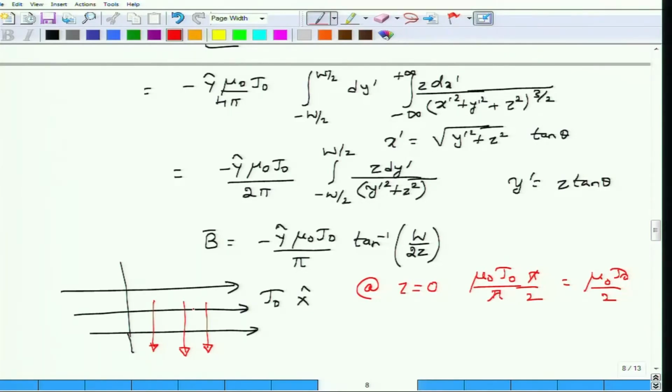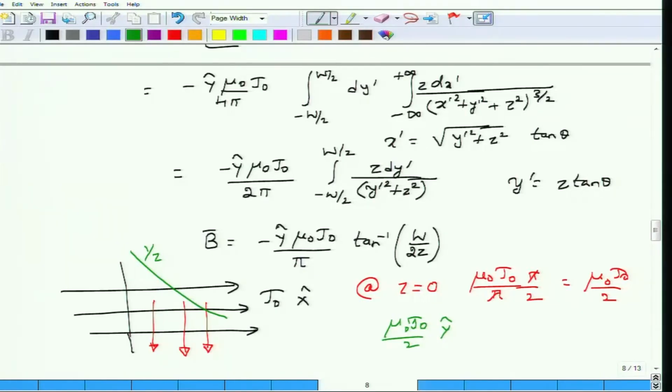And while it does, it is actually going to follow a 1 by z kind of a dependence on the top. Now from the bottom, if you look at z is equal to minus infinity, the field would actually be still 0, but if you come with negative values of z, the field lines B will switch their sign, right, because the field lines will become mu 0 j 0 by 2 in the plus y direction.